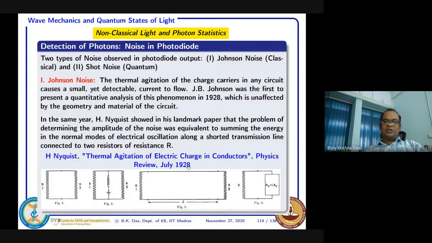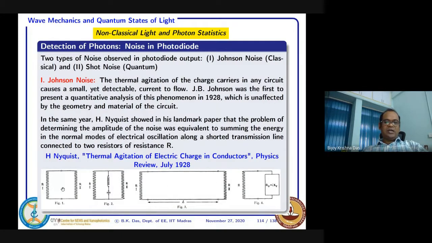Even though it was written in 1928, it is very colloquially written, only a 4-page paper. I want everyone to read this, because this is not only for detectors, but for other purposes also. This type of model and thought process, how people are thinking, is very, very important. So first, he used these 4 figures only, 4 figures to explain this type of noise.